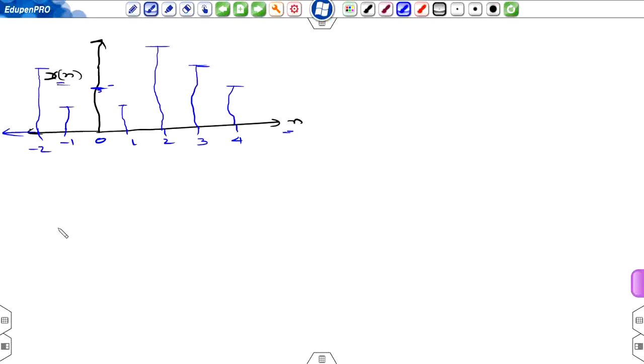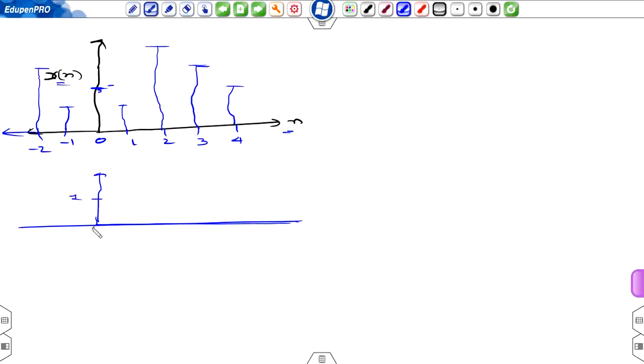So this means that what the downsampler is doing is multiplying the signal x[n] with samples something like this.